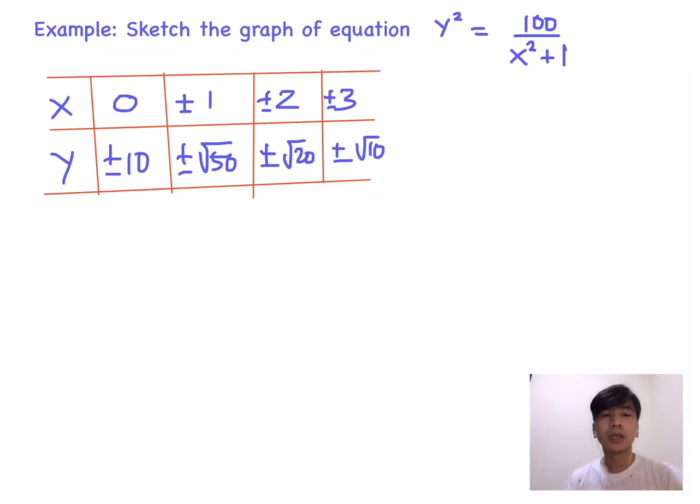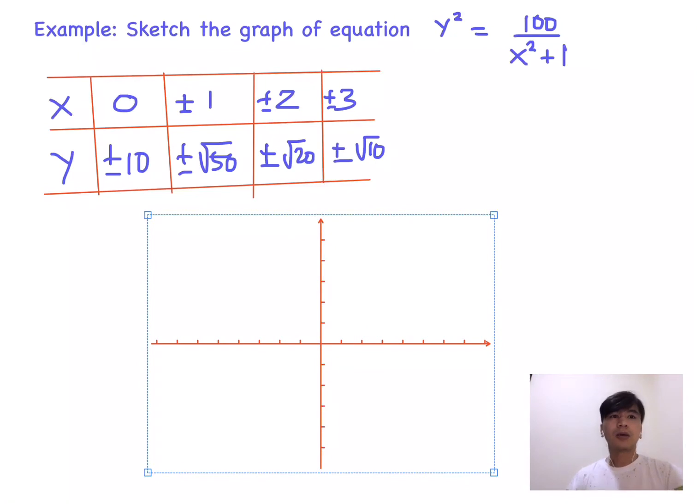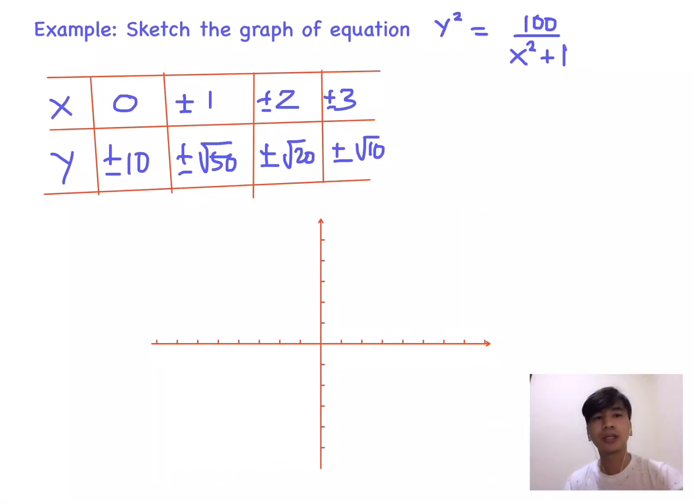Okay, let's just be quick on this one. Let's move it over here. These are the estimations. If x equals 0, then we have plus or minus 10, so this is 10 and this is minus 10.